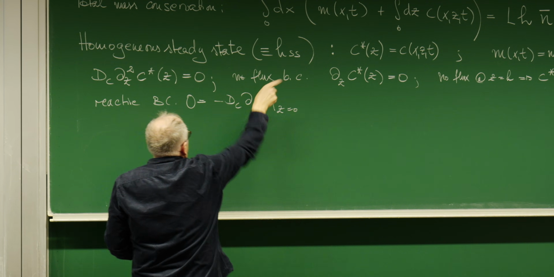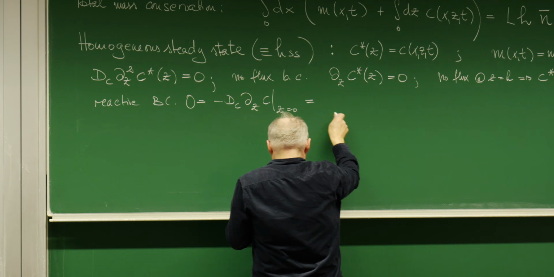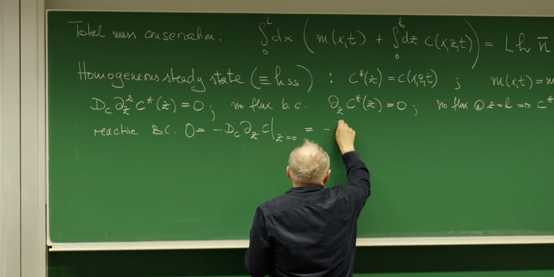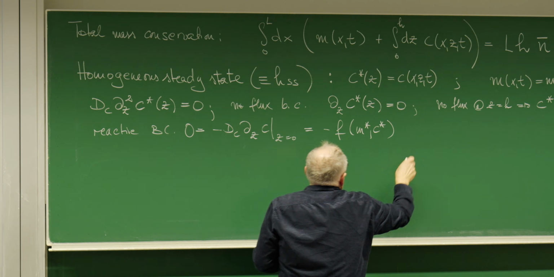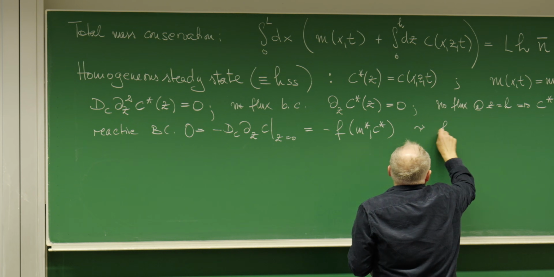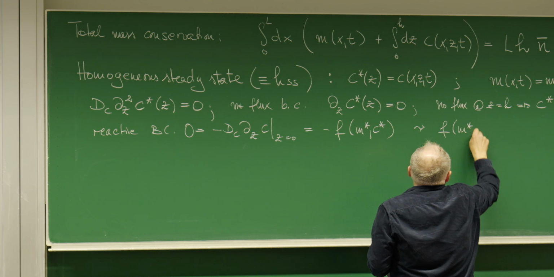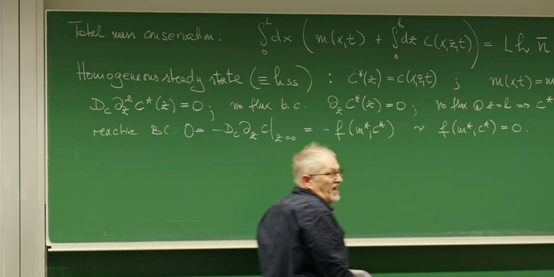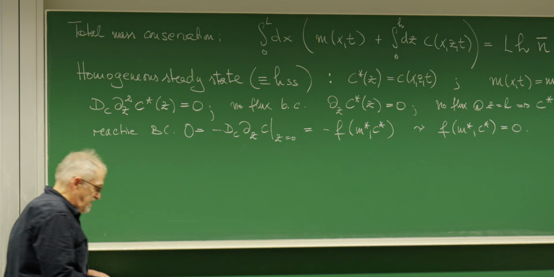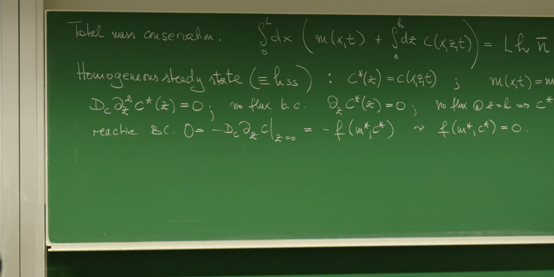This is 0 from the above. And then we have m star, f of m star and c star being 0, meaning the reactions, as I said, balance right at the membrane.